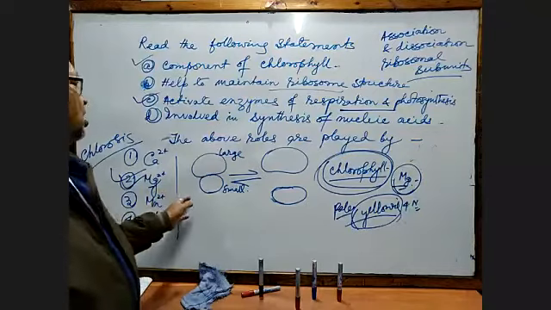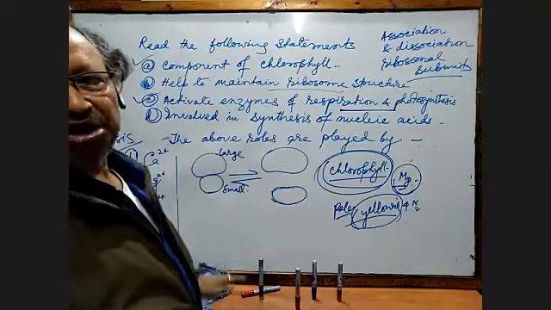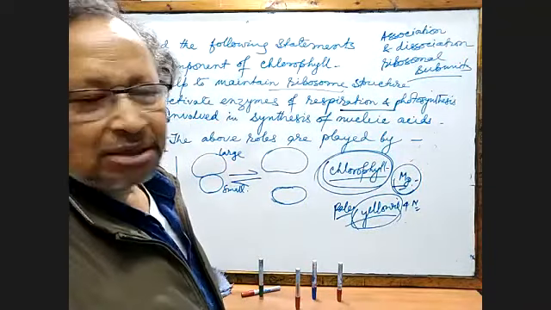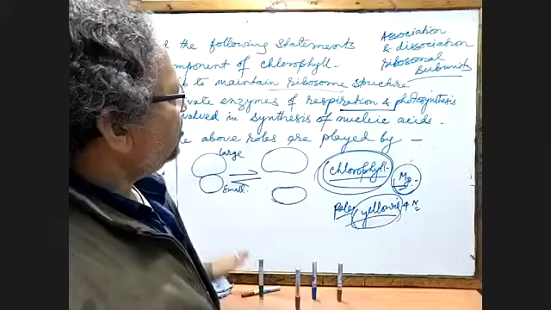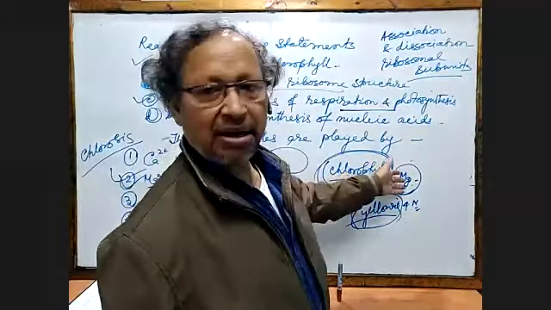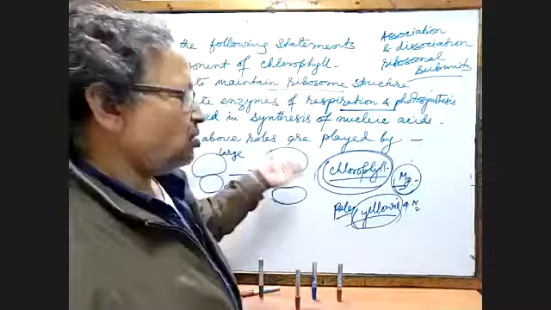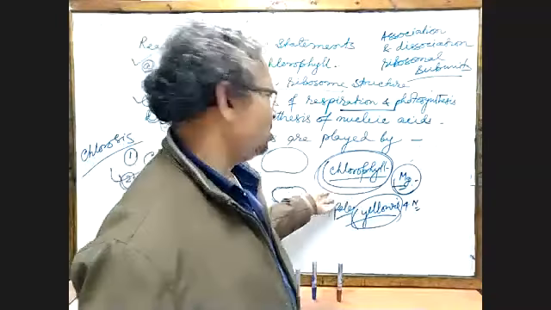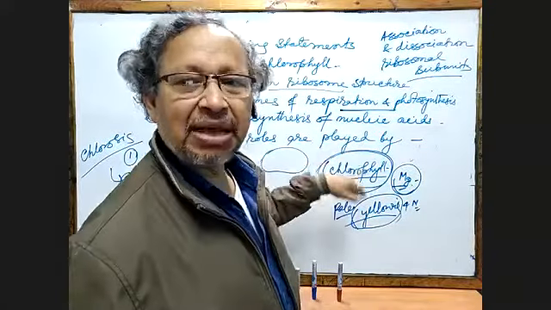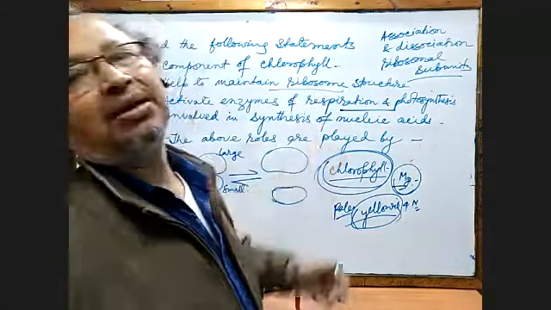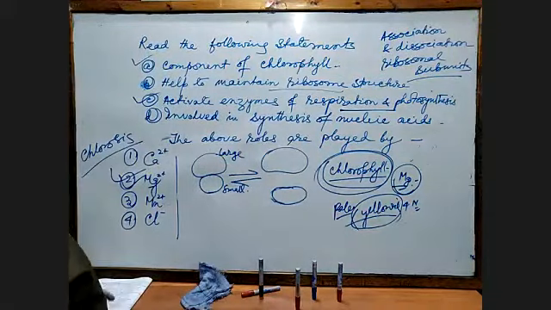Of course, magnesium is not the only cause of chlorosis, because for chlorophyll synthesis, magnesium is required and nitrogen is also required. So nitrogen deficiency can also cause chlorosis. Besides that, some other elements are also involved.